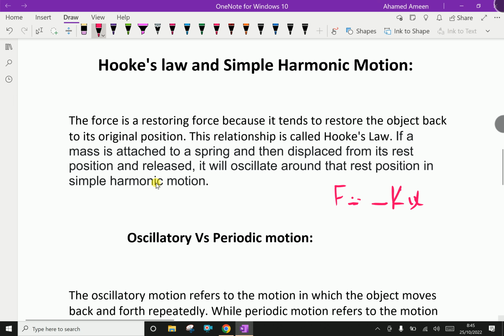You can write it here also. F equal to minus kx is a relation between force, the displacement and the spring constant.